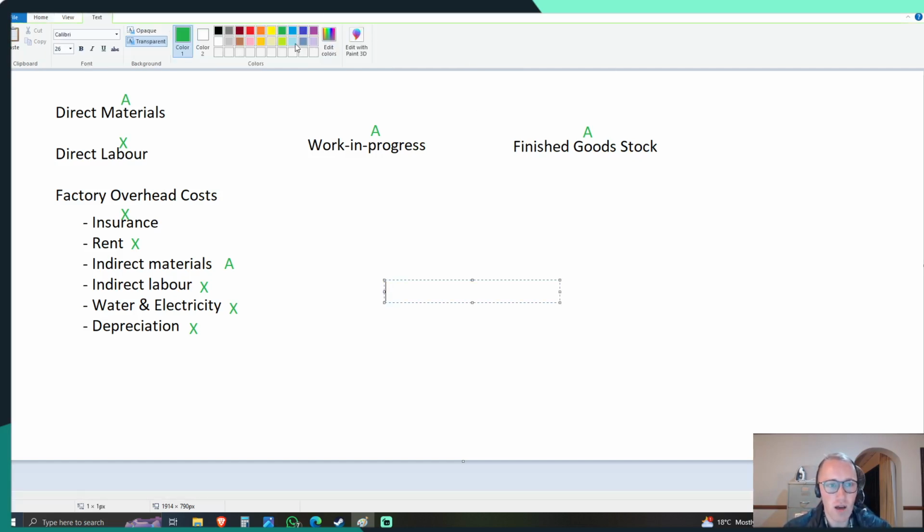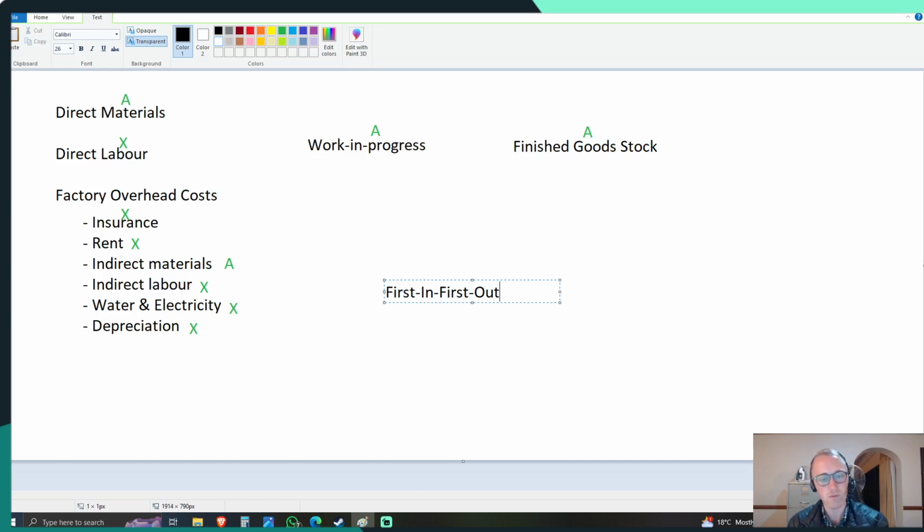Now, because of the principle of first in, first out, whatever materials we bought first, we will use first. Whatever works in progress we produce first will become finished goods stock first, and so on.